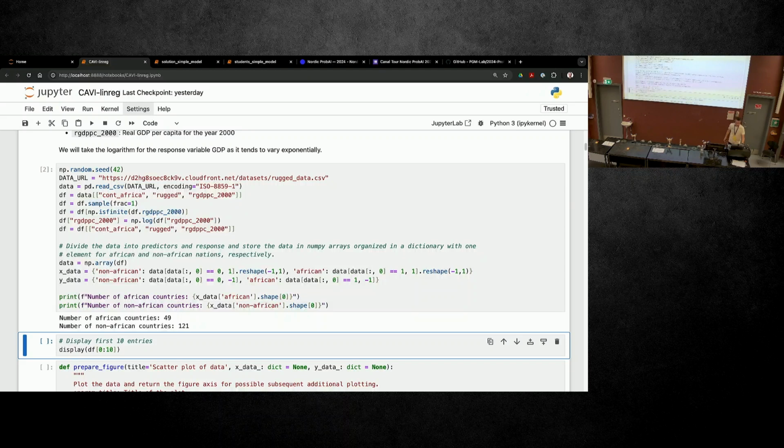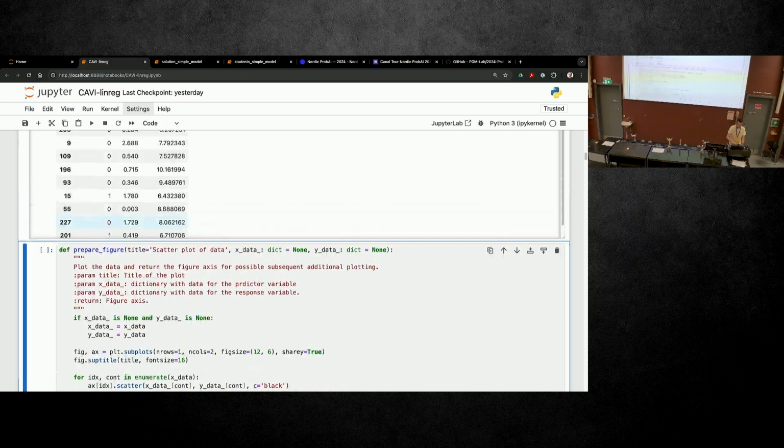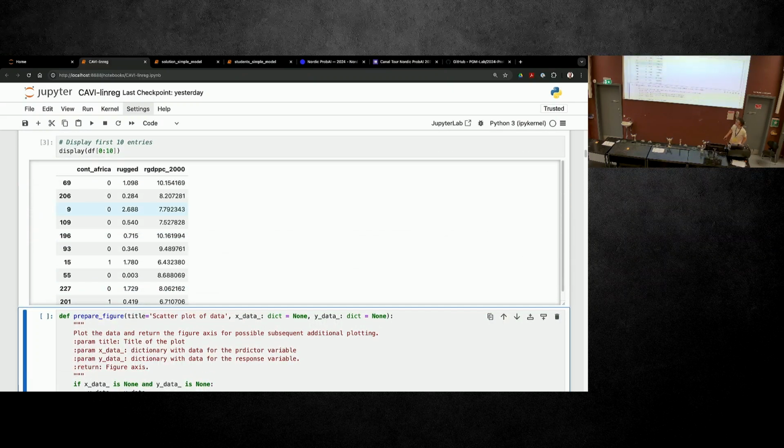We have 170 countries in total. And this is the type of data that we have. We are only interested in the ruggedness index here and the log GDP over here.